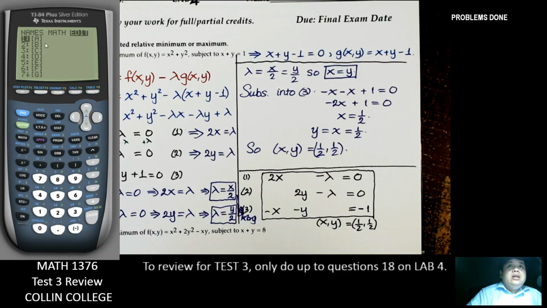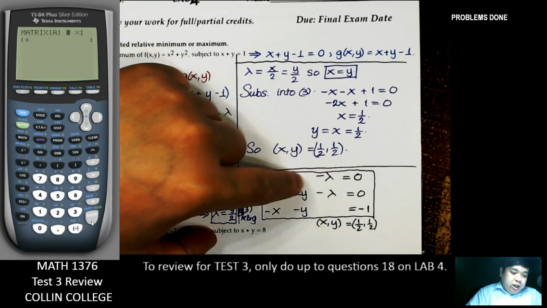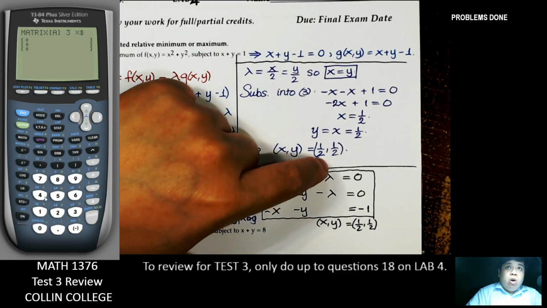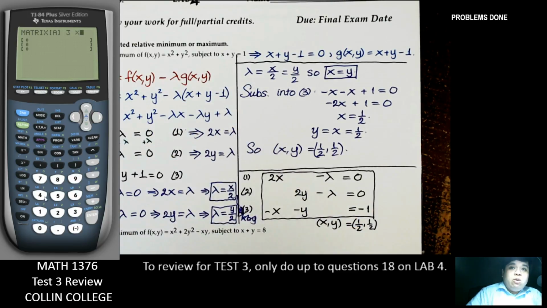Go to edit, matrix A, and this will have 3 equations, therefore 3 rows and 4 columns: 1 for x, 1 for y, 1 for lambda, and 1 for the constant on the other side.